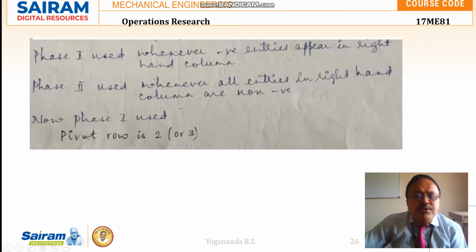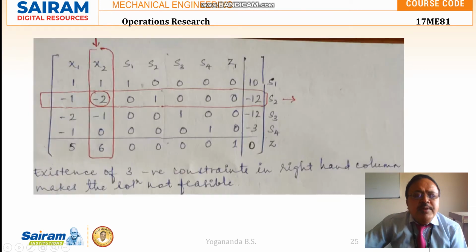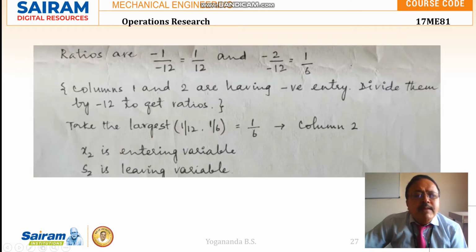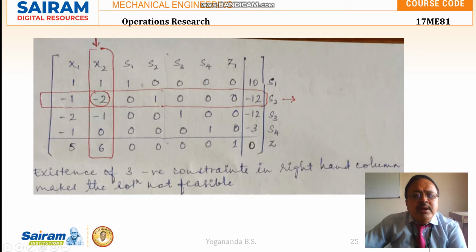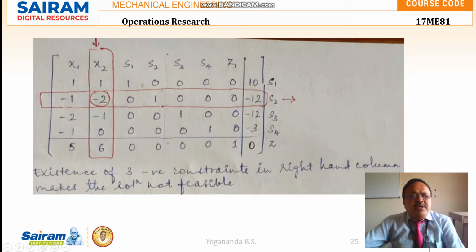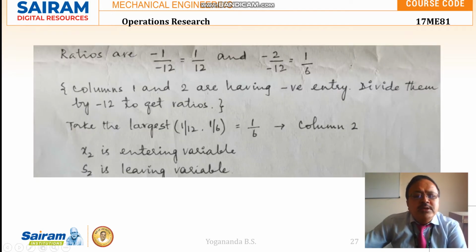So take either row number 2 or 3 as the pivotal row. Then for the ratios, columns 1 and 2 have negative entries in the pivotal row. We have minus 1 and minus 2, present in column numbers 1 and 2.